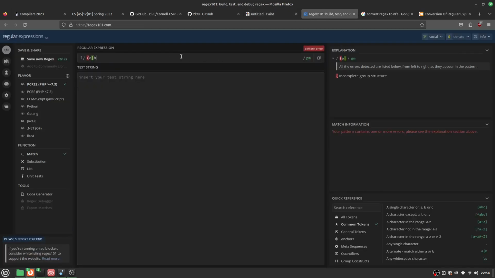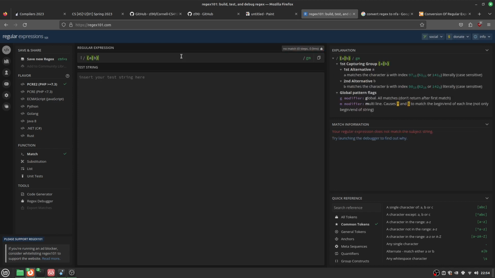A or B. Sorry, A or B. Then the Kleene closure of B, and then 0 or 1 C. Oh, wait.